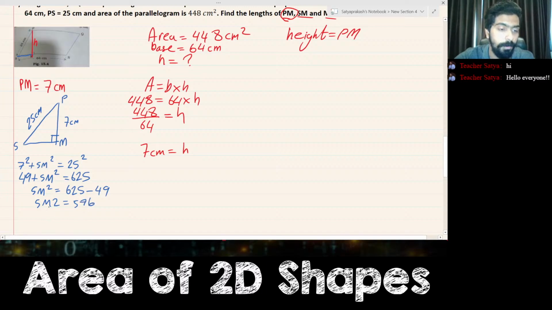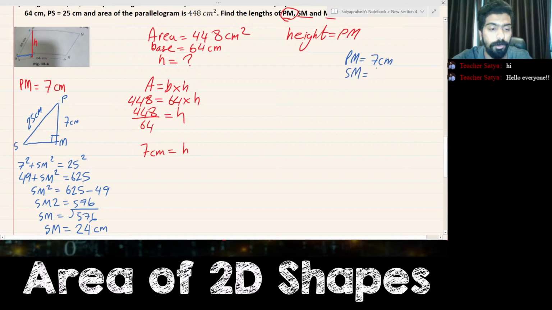Therefore, SM is equal to square root 576, and square root 576 should give us 24. Therefore, SM is 24 centimeter. So we have found PM is equal to 7 cm, and SM is equal to 24 cm.